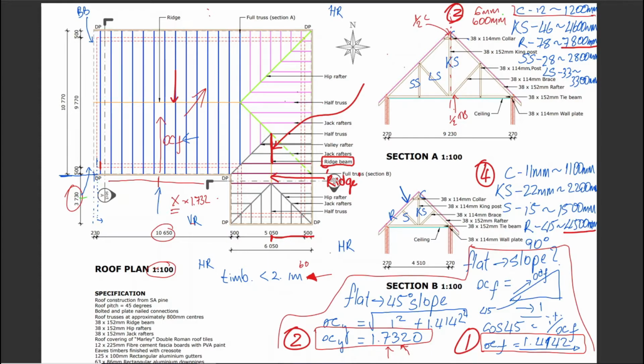So you'll take half of, let's take half of 6, so that, okay, this length is 3025 flat, okay?